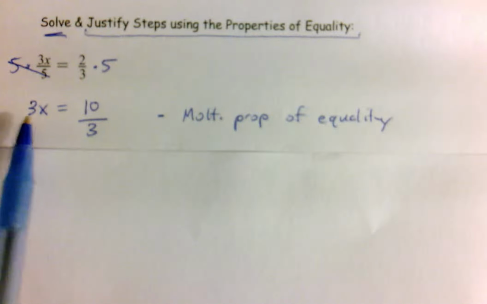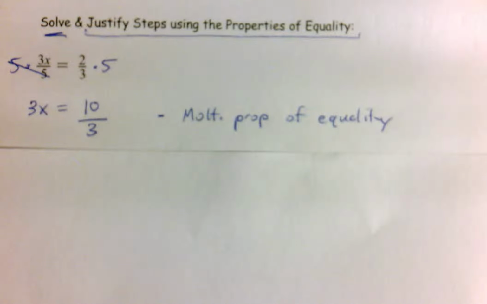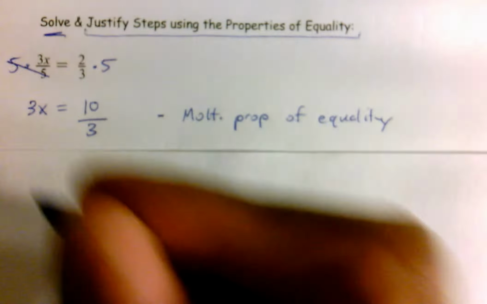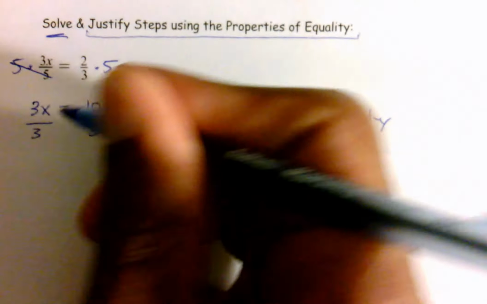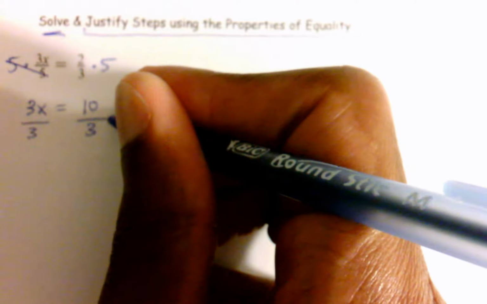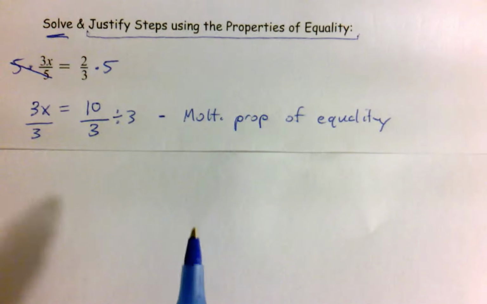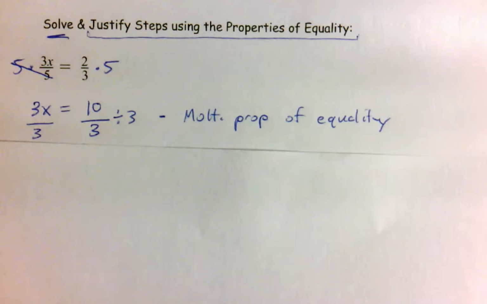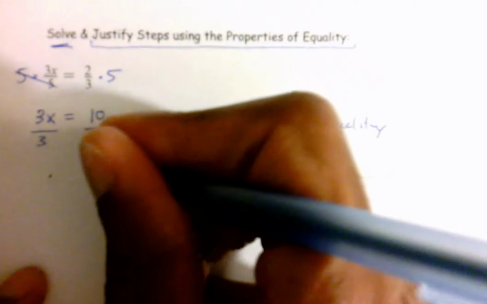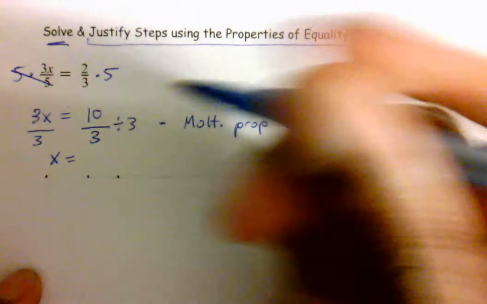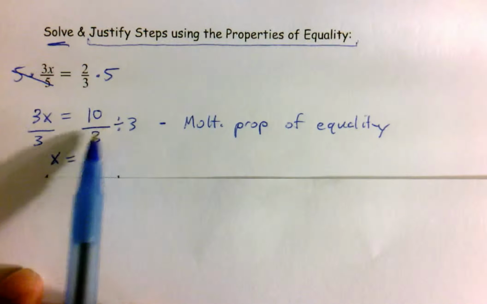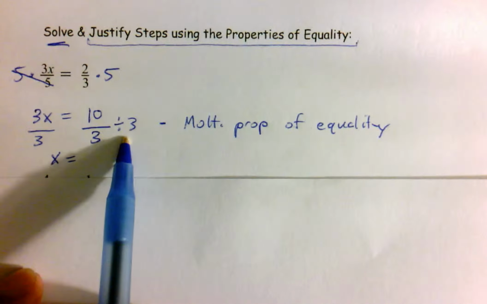Now I see that x is being multiplied by 3. I know that I can undo multiplication by 3 by dividing by 3. So if I divide this side by 3 and then I divide this side by 3, what I'm left with is x on the left. I have x on the left, and that's equal to 10 divided by 3 divided by 3.